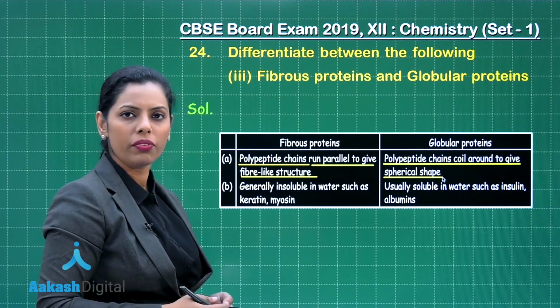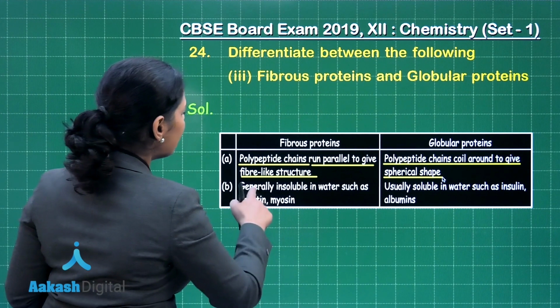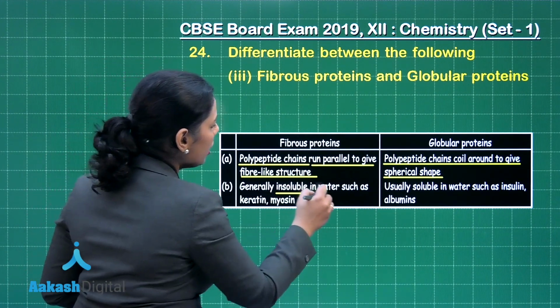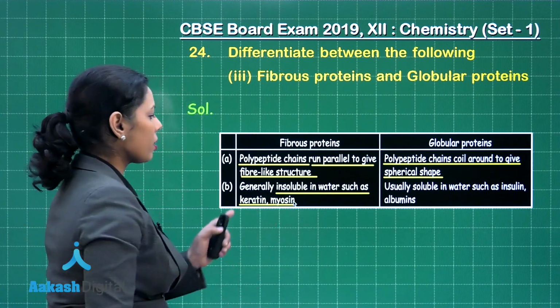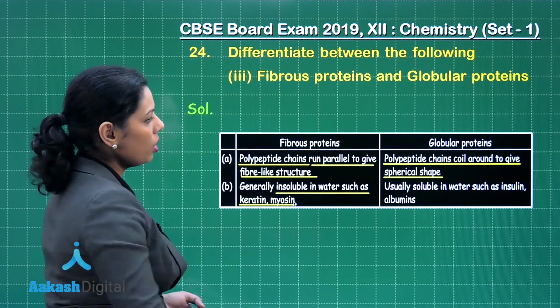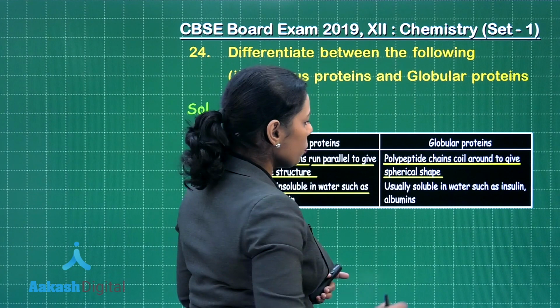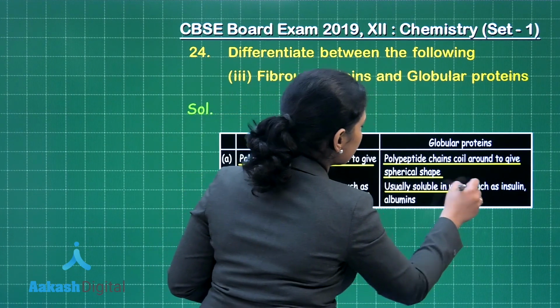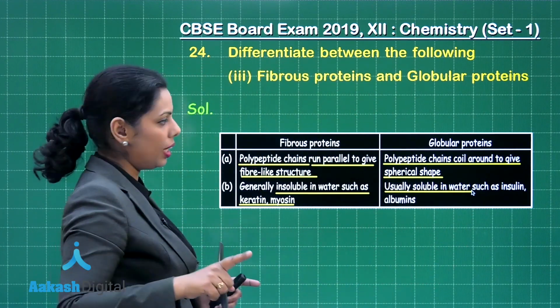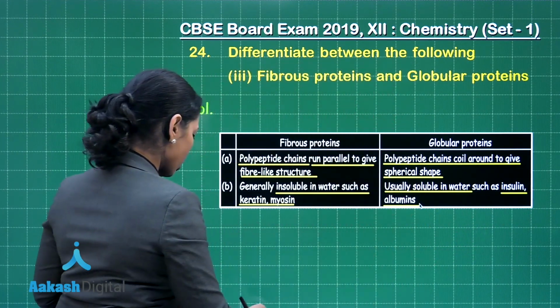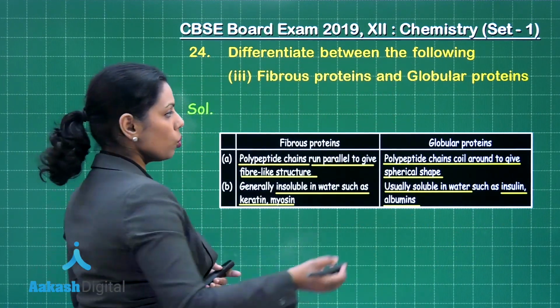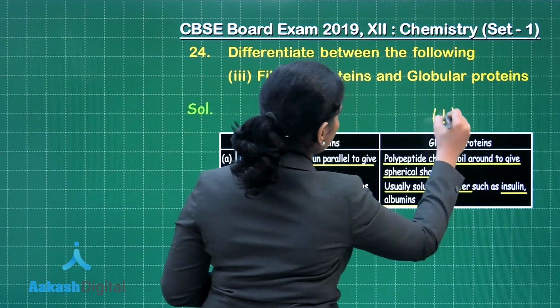You can write this one difference. Otherwise, you can also write, generally fibrous proteins are insoluble in water, and examples are keratin, myosin, etc. While globular proteins are generally soluble in water, and examples are insulin, albumin, etc. So, on writing one of the differences, you will get 1 mark.